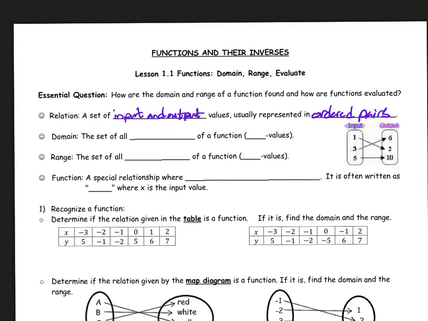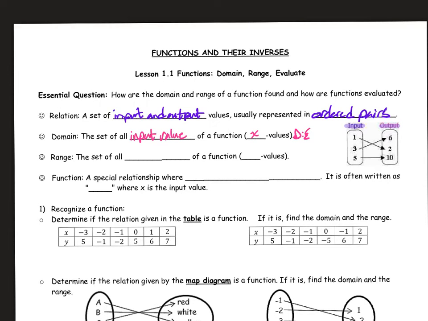Our second word is domain, and that is the set of all input values of a function. Basically, that's the x values, okay? And if I was to find the domain of the picture I've given us, my domain is my input value.